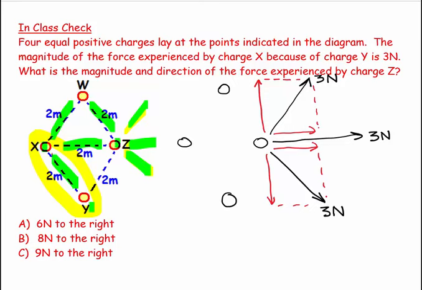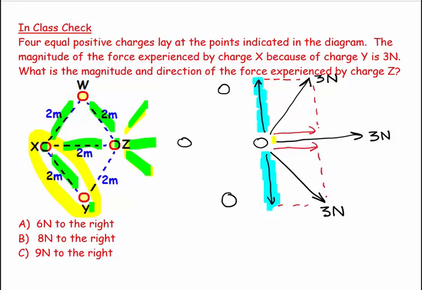And then I see something that's very nice, and that is that this vertical component will be the same size as that vertical component, but they will be in opposite directions because of symmetry, and so they will cancel each other out. And so I'm left with 3 forces.